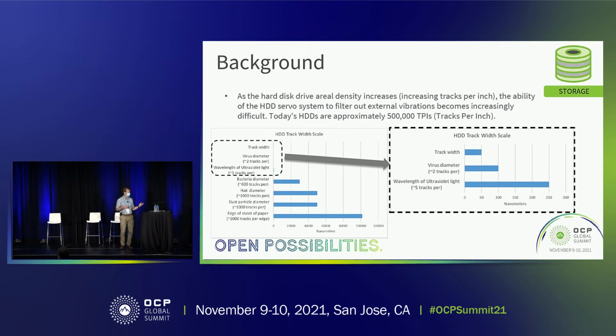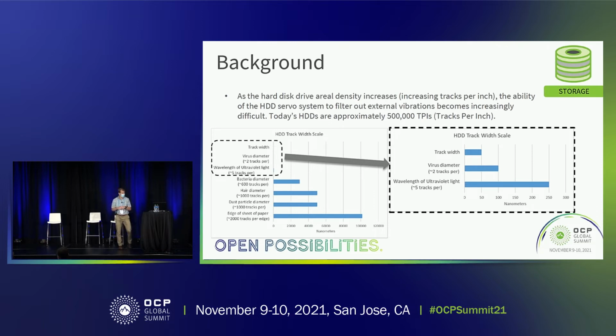Right now, we're at about 500,000 tracks per inch. If you're not familiar with a drive, you have all these tracks going around on these disks, and the head is following that disk, and if you get 500,000 tracks in an inch, that's a lot. I wanted to give a perspective here, and that's what the charts are.